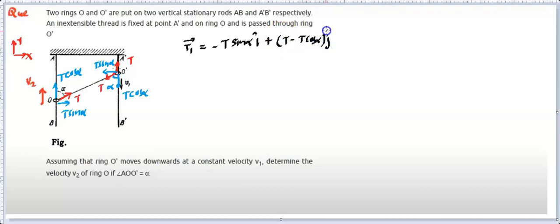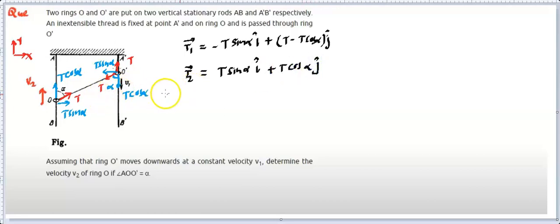So that is the tension in the ring O dash. Similarly, we can write the tension in the ring which is O, and this will have two components as shown clearly there. So this is going to be T sin alpha in the i cap direction plus T cos alpha in the j cap direction.